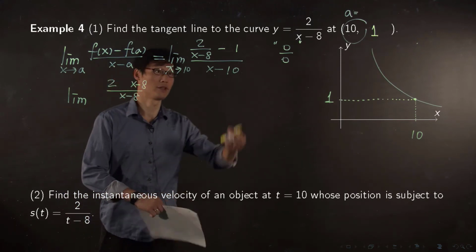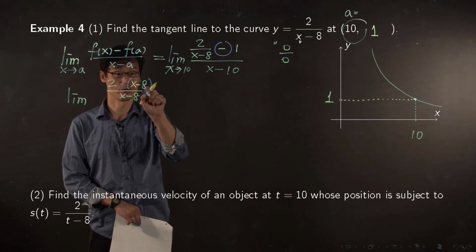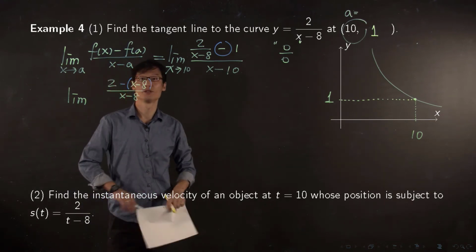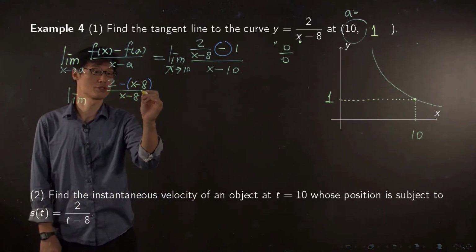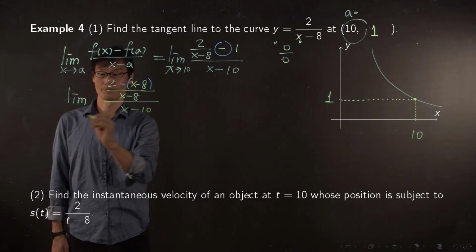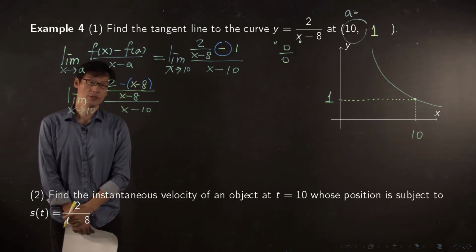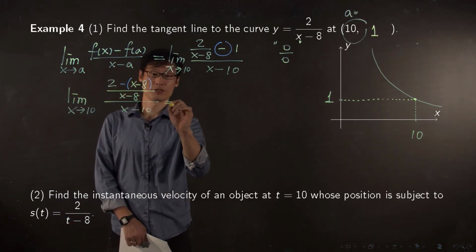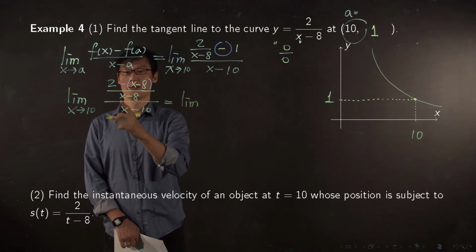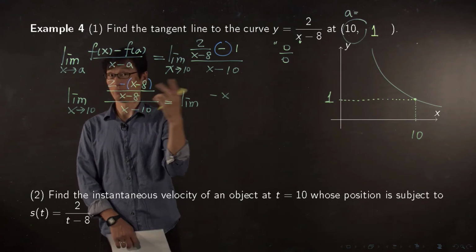Now that we have negative, we need to put parentheses with this negative. So be careful with this sign business. Over x minus 10. Good. If you simplify this, we have, well, negative x, negative, negative, or plus.